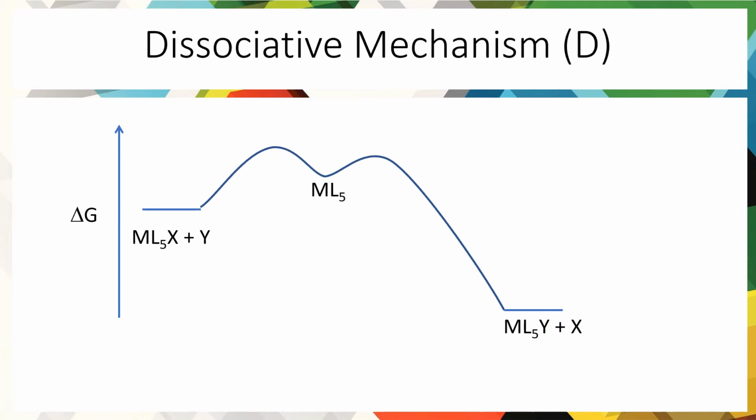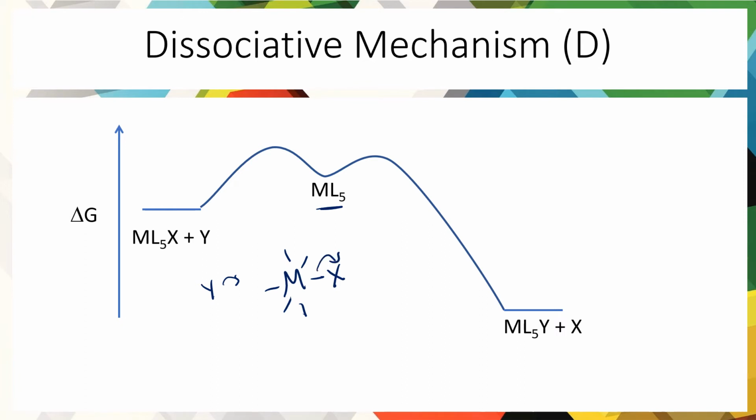So the opposite of the associative mechanism is, not surprisingly, the dissociative mechanism. In this case, we again have our same complex with our leaving ligand X and our incoming ligand Y coming in. But before Y associates, we now have an intermediate, ML5, which means that the first thing that happened was X popped off.